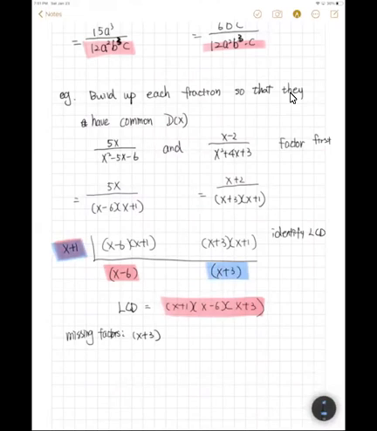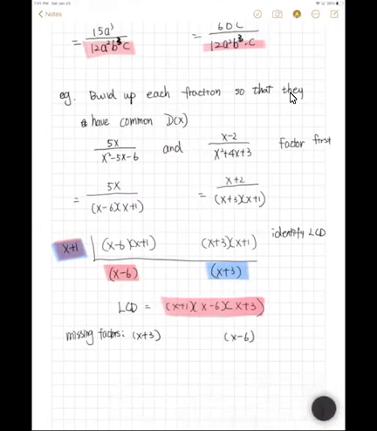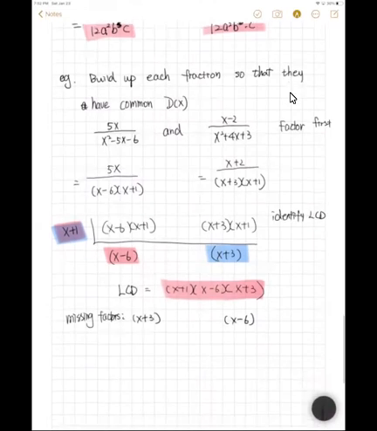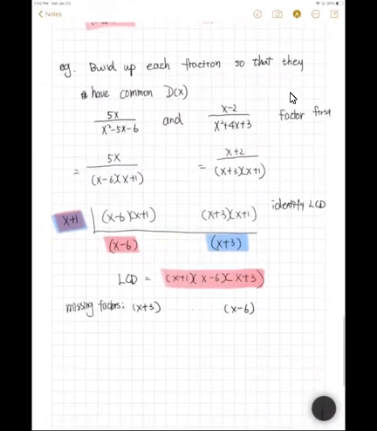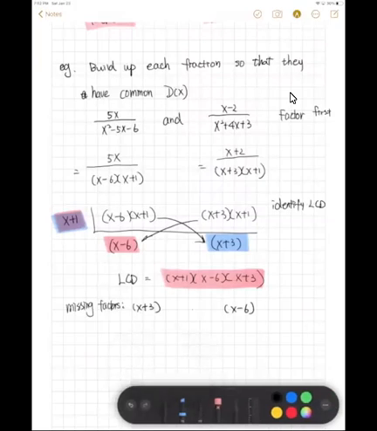And we want to have what? x minus 6 to reach the least common denominator, right? So take a look. Like I say, this one is missing this part, and then this one is missing the blue highlighted part. Okay, and now we can build up our fraction.